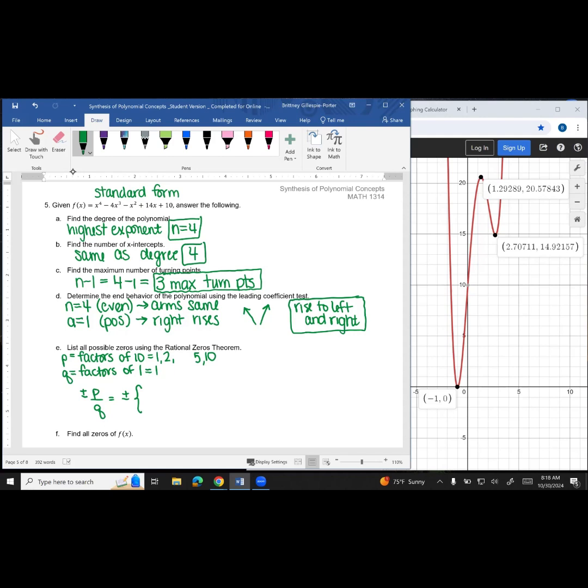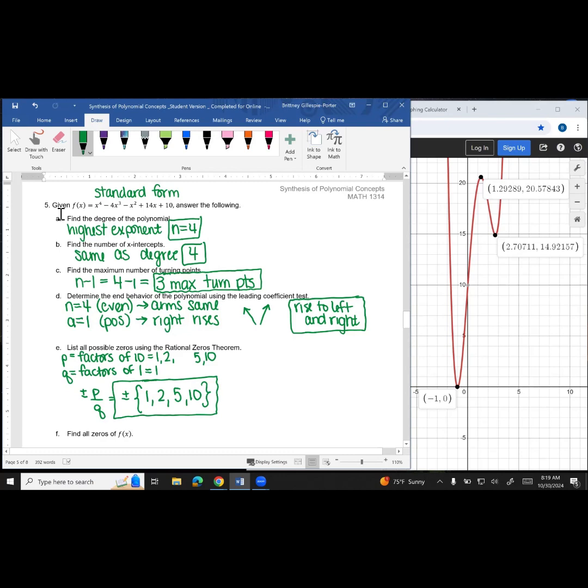Because we're going to take all these factors of 10 and divide it by factors of 1. 1 divided by 1 is 1. 2 divided by 1 is 2. 5 divided by 1 is 5. And 10 divided by 1 is 10. And if you wanted to write these out individually, you could for the positive 1, negative 1, positive 2, negative 2. But it's not necessary if you put the plus or minus with the brackets.